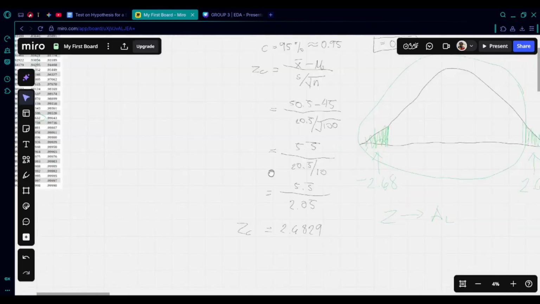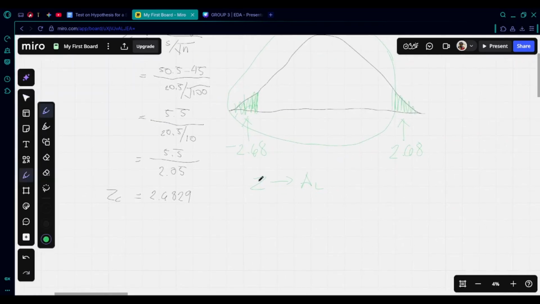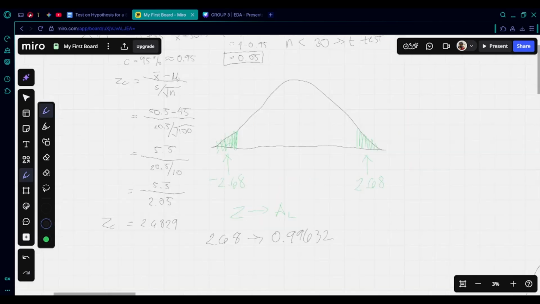So remember this value. We have a z of 2.68 corresponding to our value of 0.99632.